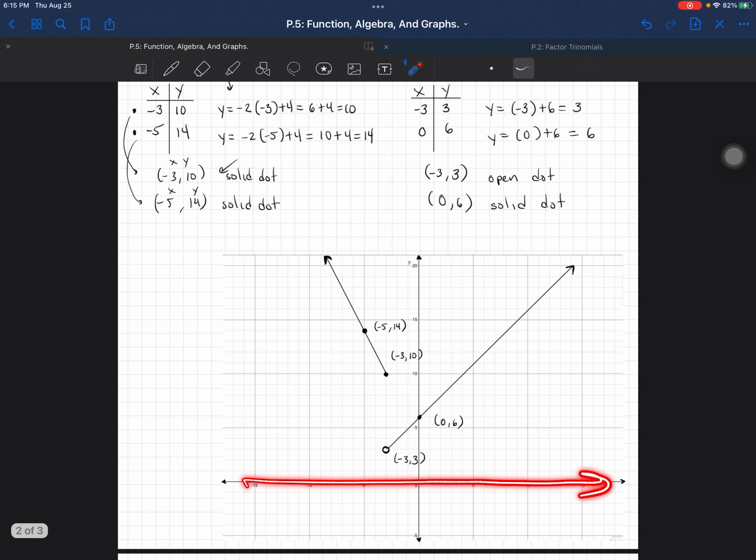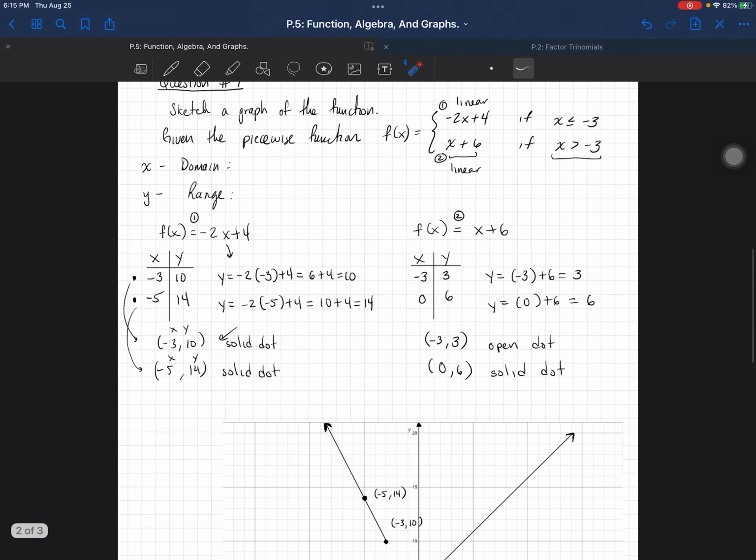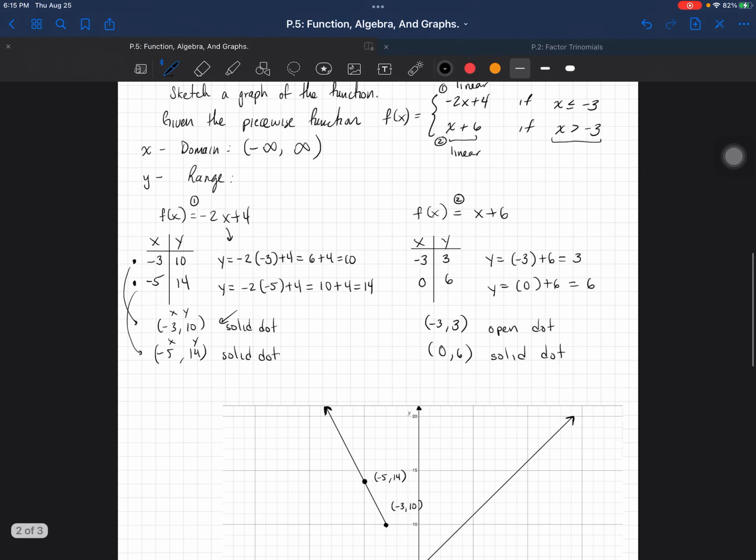Same thing here. It actually covers all real numbers, because it goes from -infinity to +infinity. So we're going to say this domain is an interval from -infinity to +infinity.